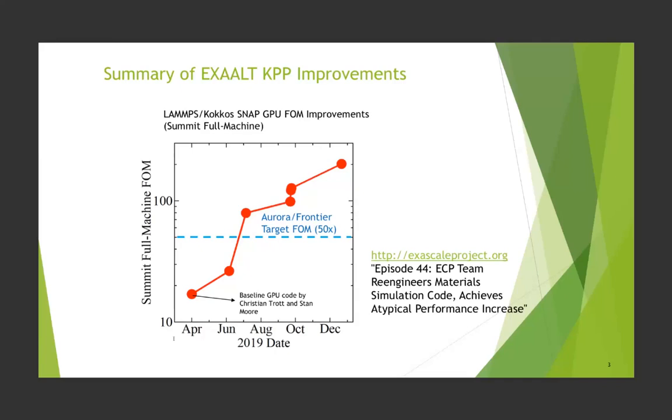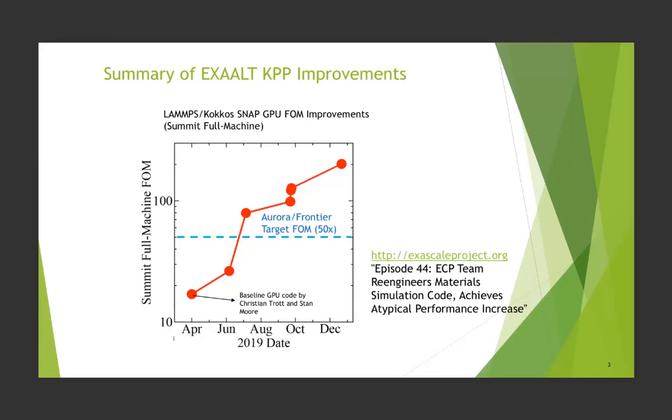When that was completed, Danny Perez ran it with the full EXAALT software stack on a fraction of the Summit machine, and he was able to estimate a figure of merit relative to Mira for the full Summit machine of 17x, and that's the red dot on the lower left of the slide.